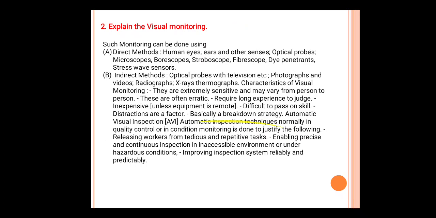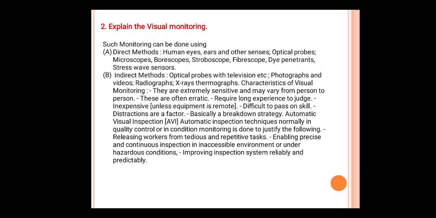Moving on to the next question: explain visual monitoring. What does visual monitoring mean? How is that monitoring carried out is explained in this question. Such monitoring can be done by two types, direct method and indirect method.